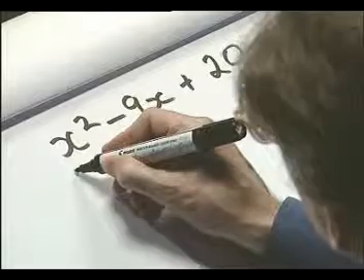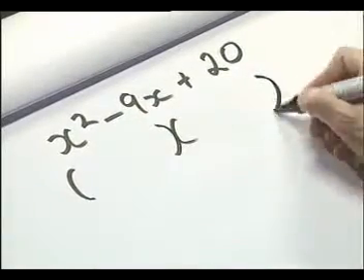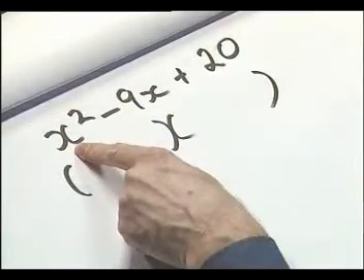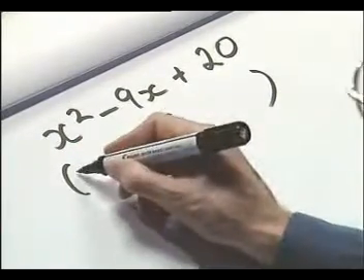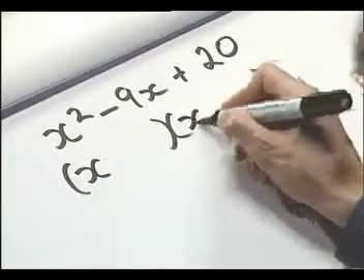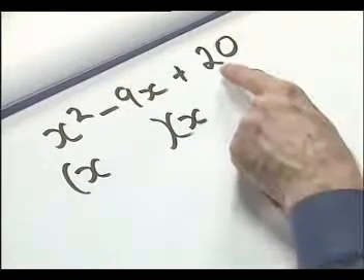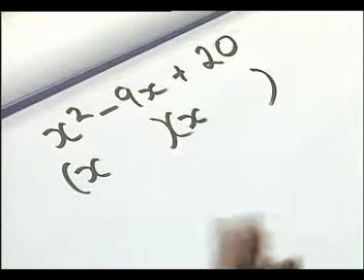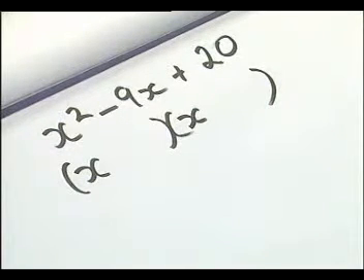So to do it by inspection, what we might do is write down the pair of brackets to begin with. Recognise x squared means we're going to have an x and an x. Recognise 20 as being 4 times 5, and of course 4 plus 5 would give me 9. But I want minus 9.